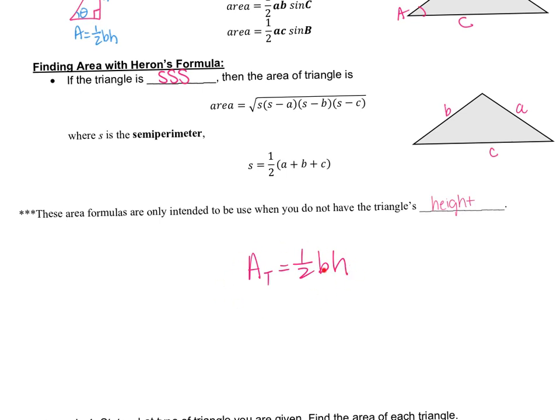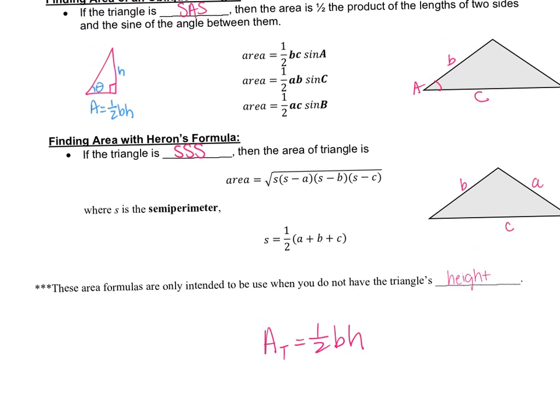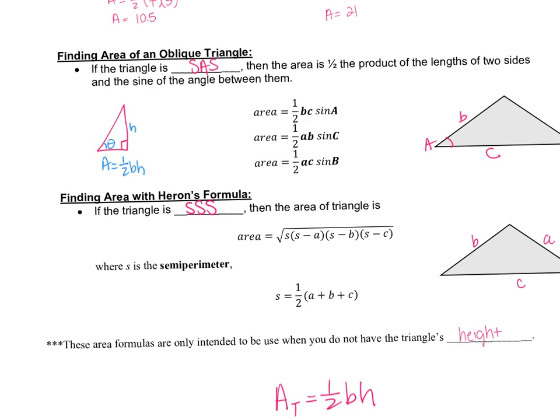When you have the height and the base, you should always use this formula because it always works for any given triangle. But the problem is you're not always given the height of the triangle, and it might be hard to find the height. If that's the case, we recommend using either the area of an oblique triangle formula, the one with the sine, or Heron's formula, which is used when you have all three sides.